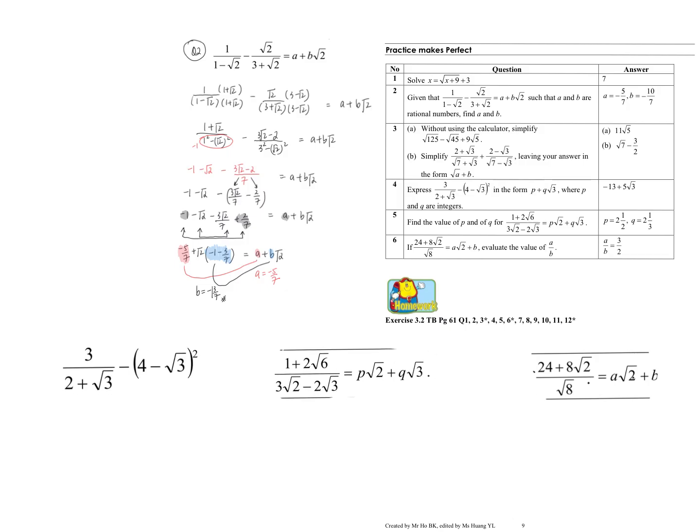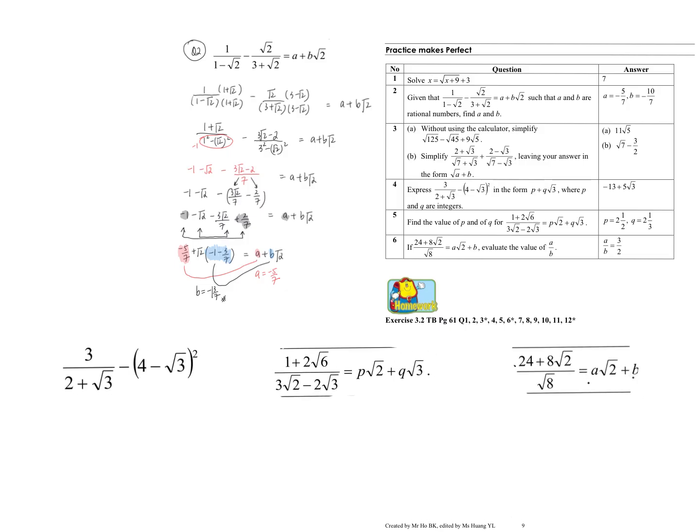Okay, this is 4, 5 and 6. Okay, if you look at the question, they want you to make this into this form. It's the same thing actually. Can you see some similarity in what they are asking you to do?